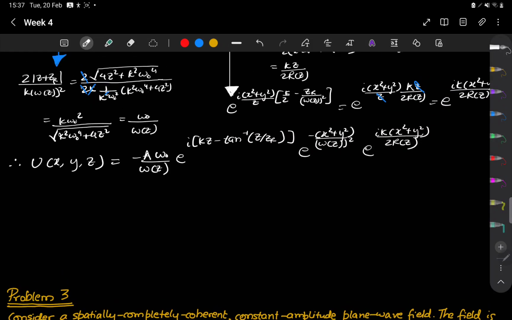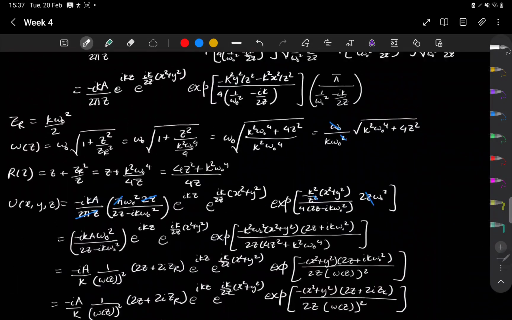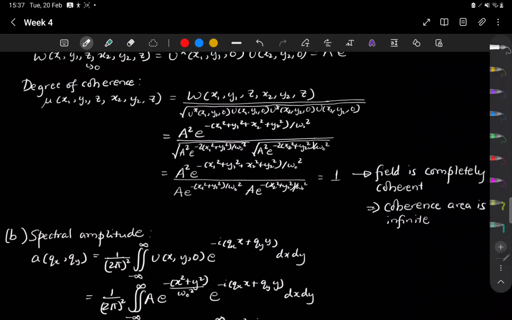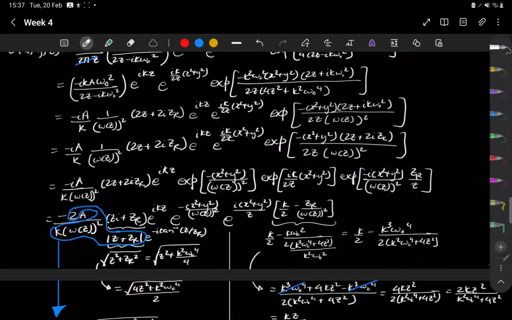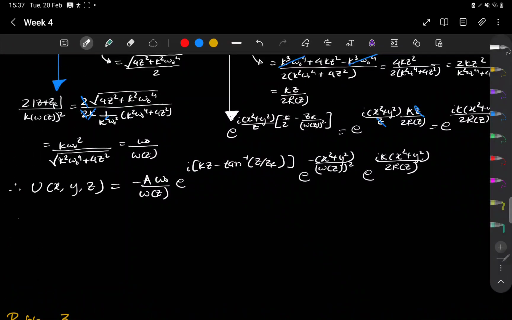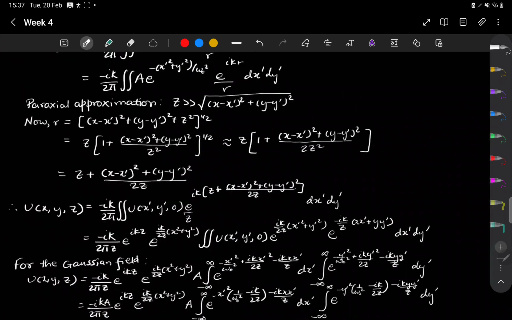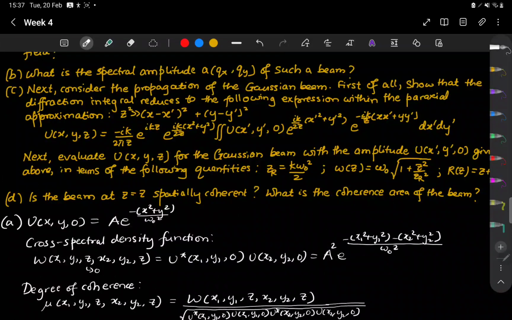So this completes part C. Part D is to find out the coherence, and the field is spatially perfectly coherent. So the coherence area is infinite. This comes, we can look at part A, how we have done.